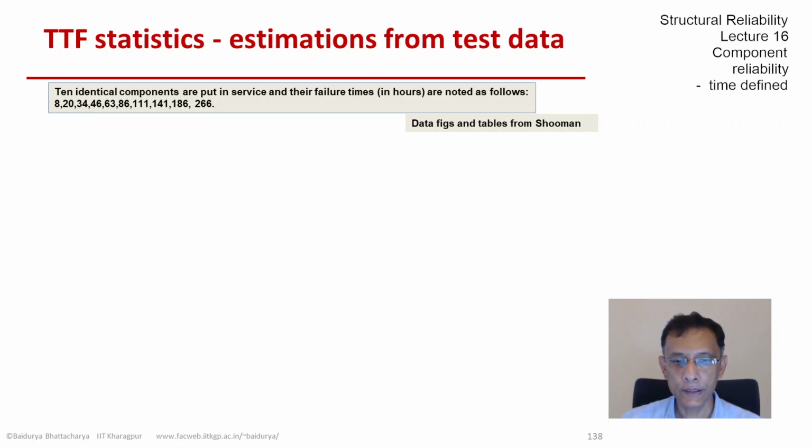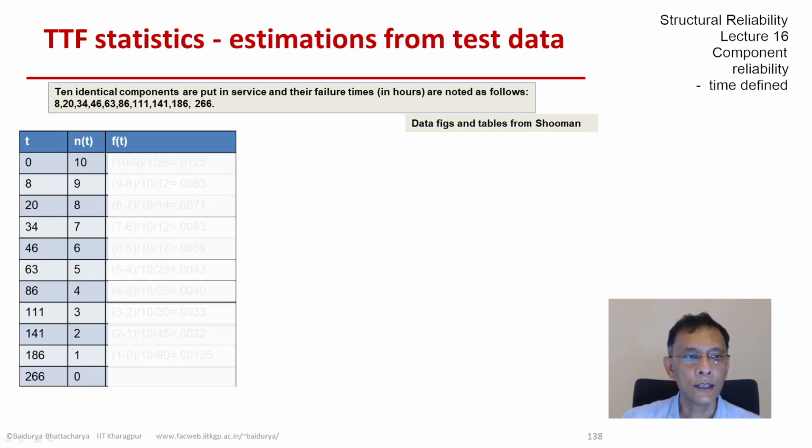We continue with the same data set, and this time we estimate the PDF, the density function of the time to failure. So we have the same table, T going from 0 to 266 hours, and the number of surviving elements going down from 10 to 0.